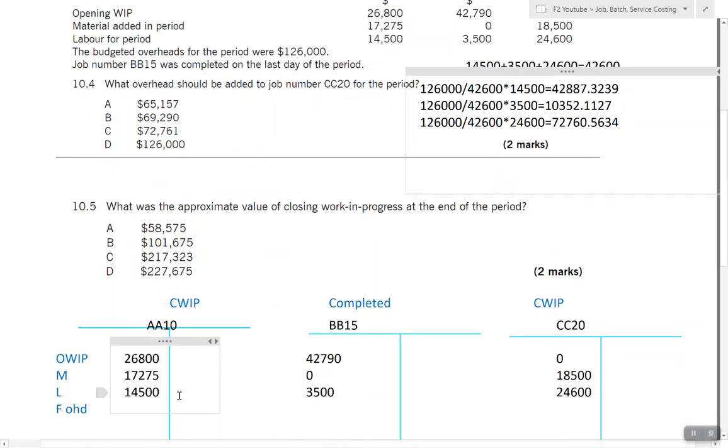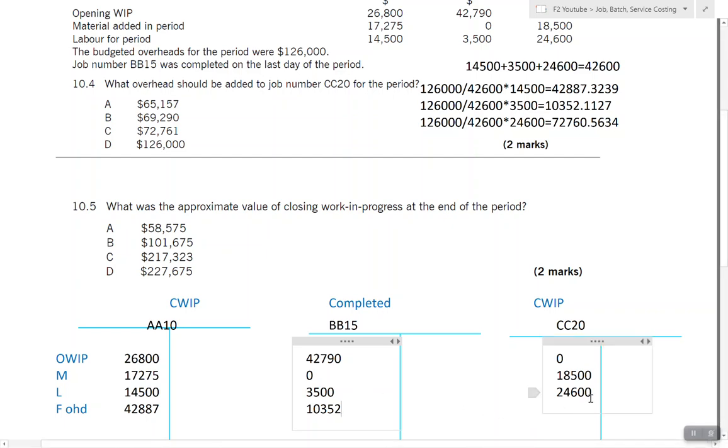Now let's add it here. We have 42,887, 10352, and 72761.